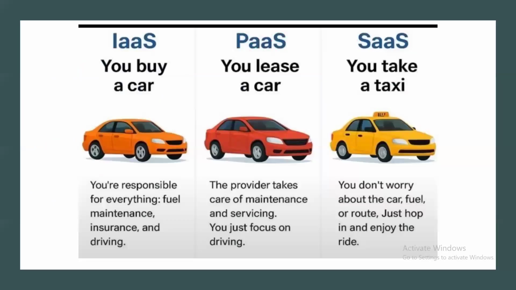Here we have an example: SaaS, IaaS, PaaS. SaaS means a standard application, where you get access to standard functionality. That means you don't need to put in much effort, so the subscription charges are very low. For example, if you want to travel somewhere, you pay some amount to a cab and you reach your destination, and you just leave the car.